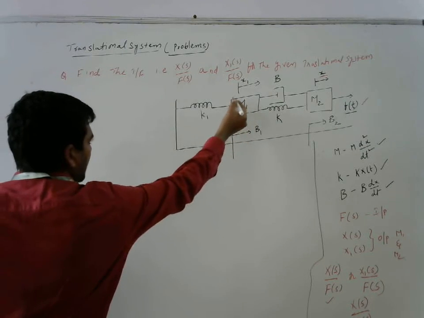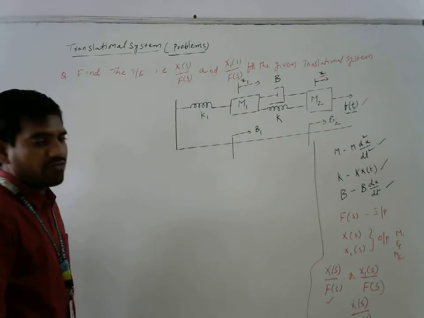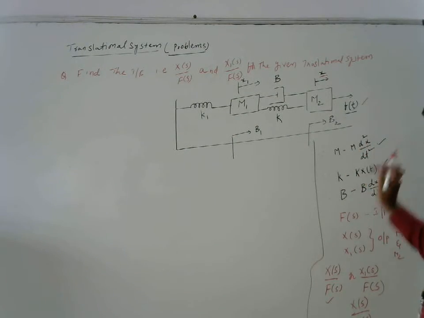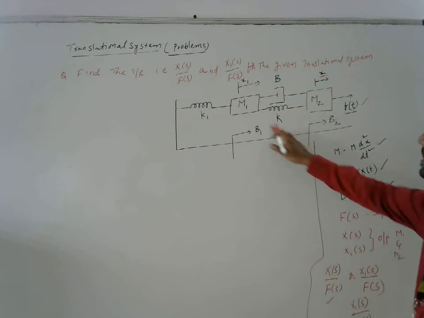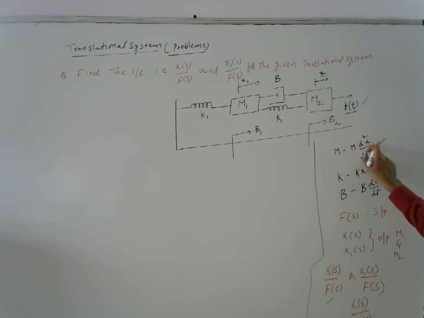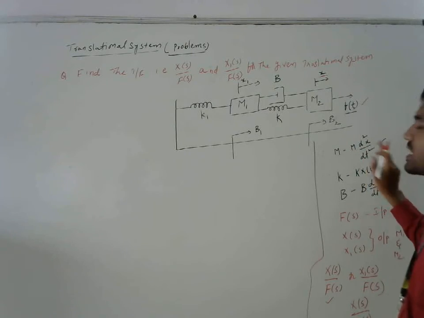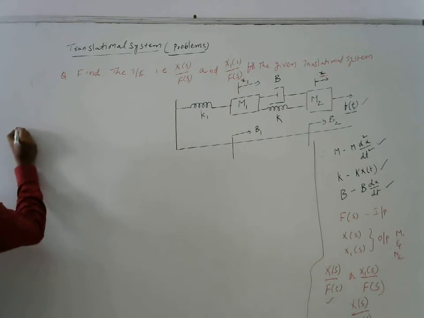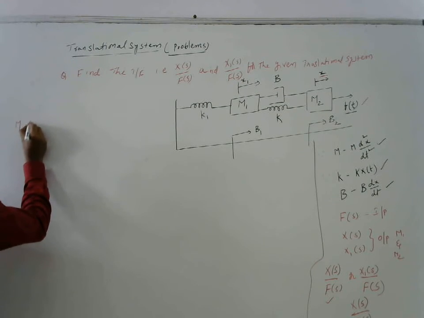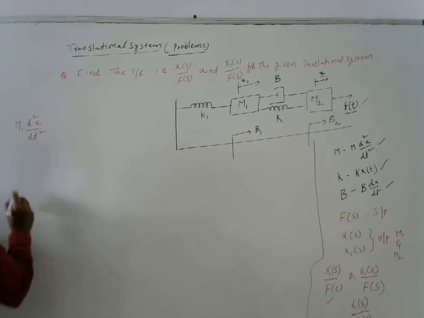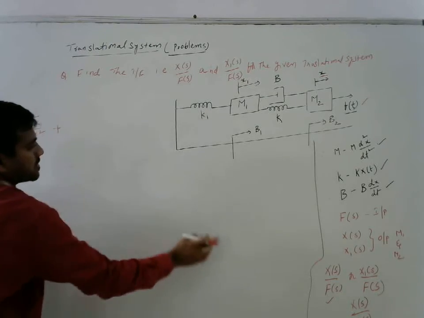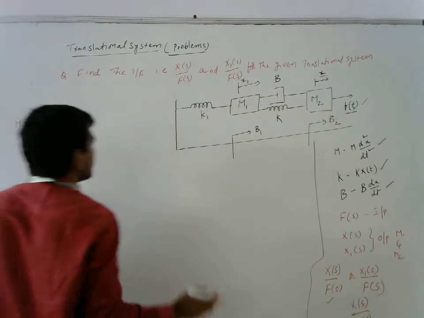Whenever we have a mass m1, what do we replace? m into d square x by dt square. In the place of m, we write m1, and in the place of x, we write x1. So that is m1 into d square x1 by dt square, plus the spring. For the spring constant k, we write k into x of t.